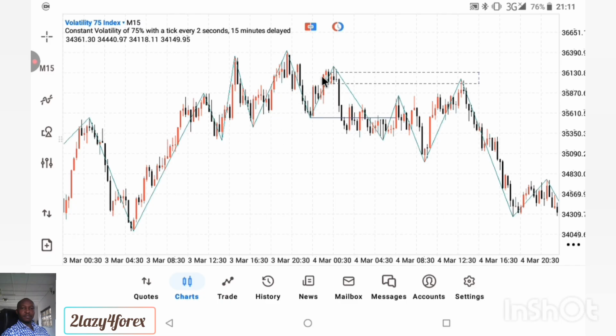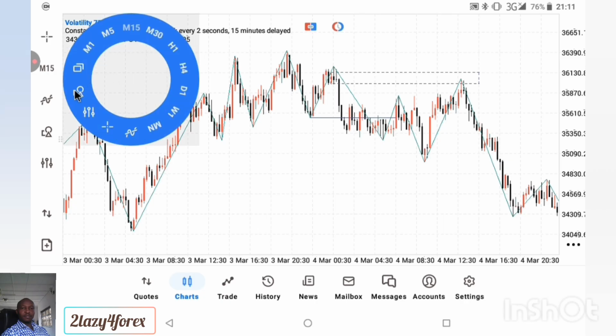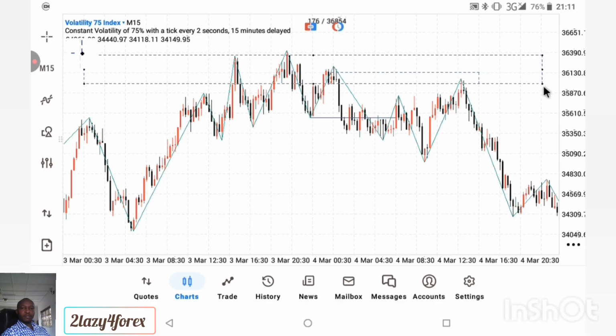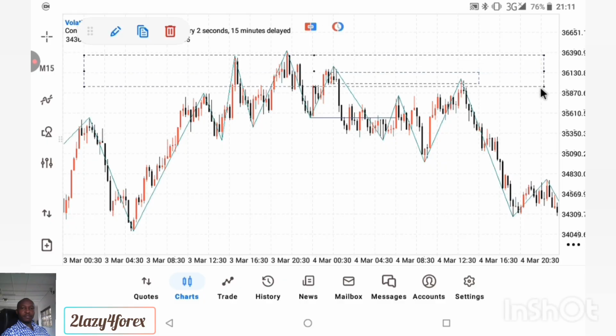Let's say this is your zone. Let's just say resistance, at least I understand that. Let's say this is the resistance level and price came here. Don't just sell, don't just say this is a high, low, and you lose your money. But you can use this to confirm your entry.